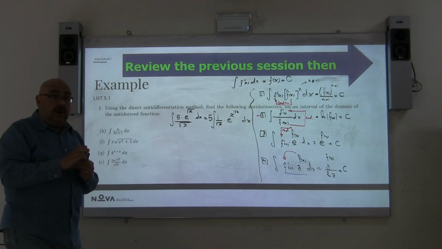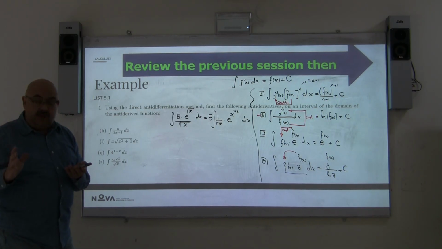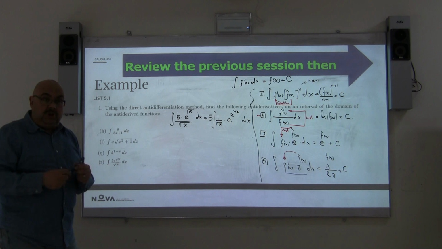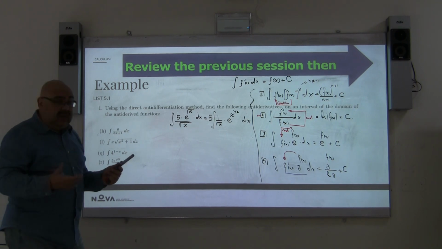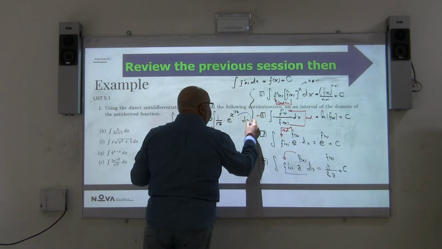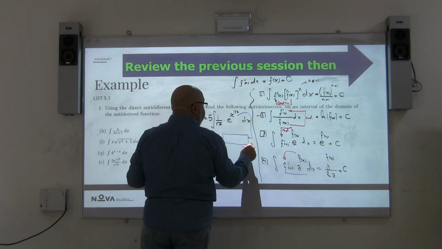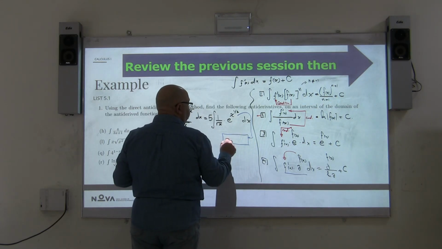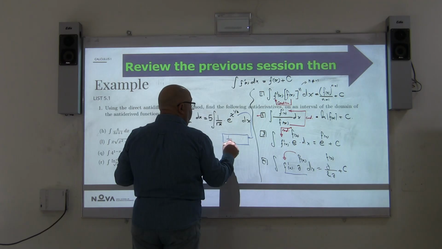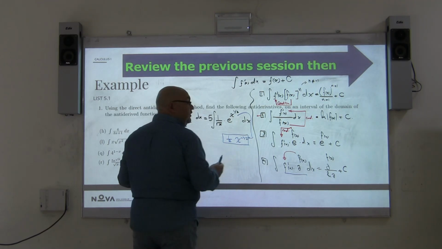All I need to check is the derivative of the power. So once more, it's an exponential function, the base is e, so all I need to check is the existence of the derivative of the power. The derivative of x to the power of half. Any ideas how it's going to be? It's going to be a half x to the power of negative half.